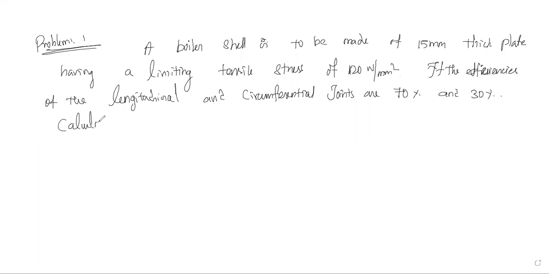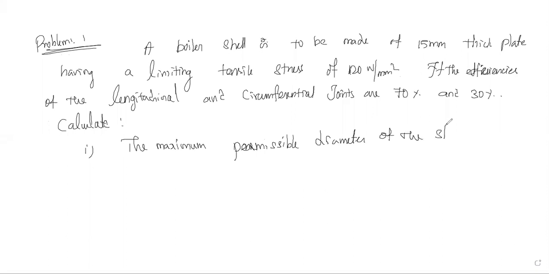Calculate first one, the maximum permissible diameter of the shell for an internal pressure of 2 Newton per mm².